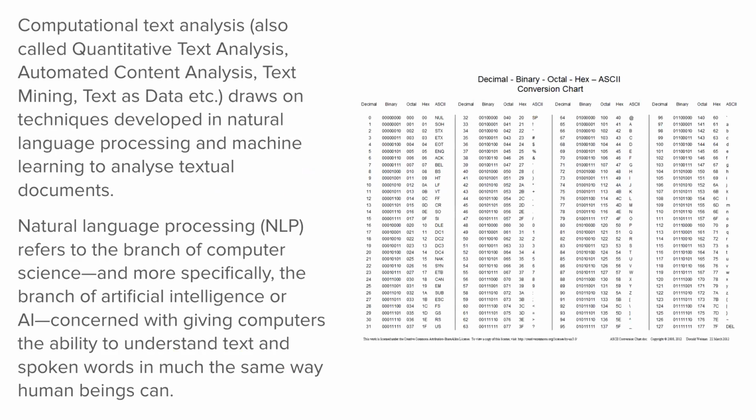So when we say computational text analysis, there are other ways of calling it, such as quantitative text analysis, automated content analysis, text mining, text as data, and so on. These all connect to natural language processing and machine learning, and this is developed in order to read very large quantities of text.